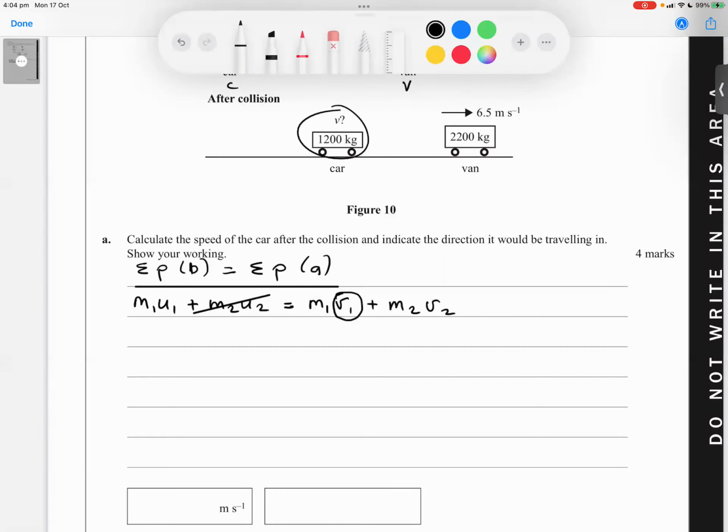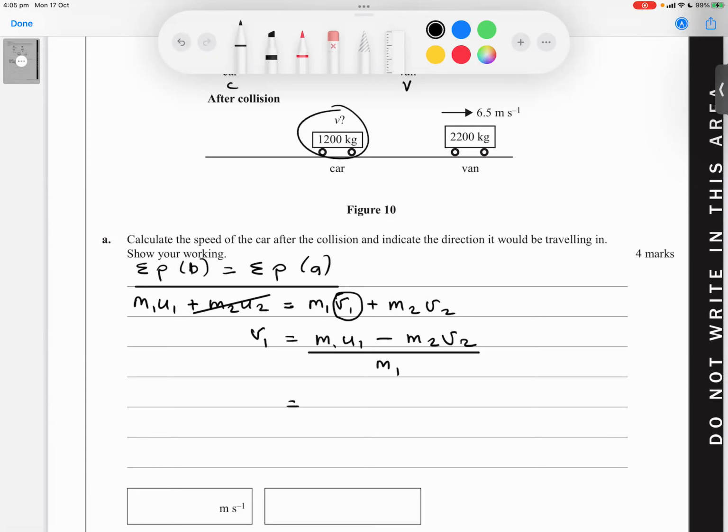Next, you can either insert the numbers or you can perform some algebra on this. I'm going to subtract that term from both sides, and I'm going to get V1 is equal to M1 U1 minus M2 V2, all over M1. Make sure it's M1.